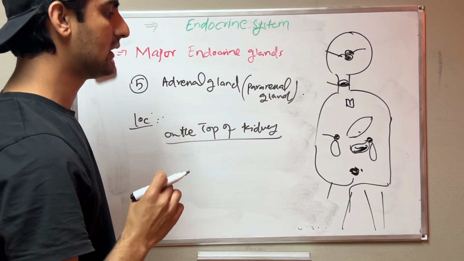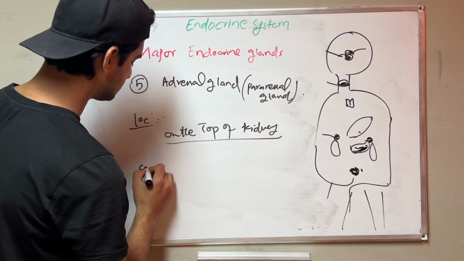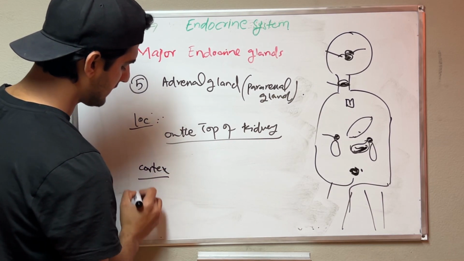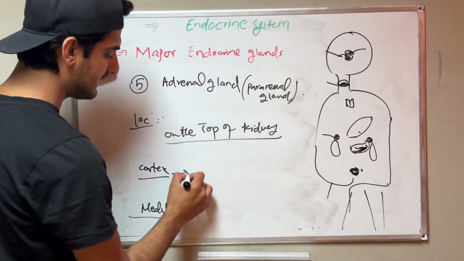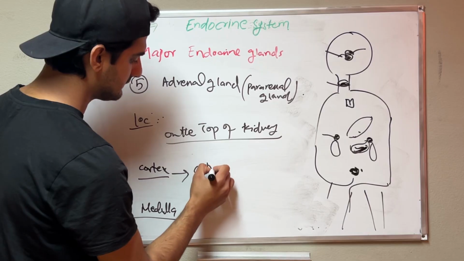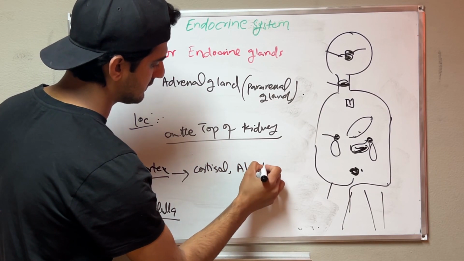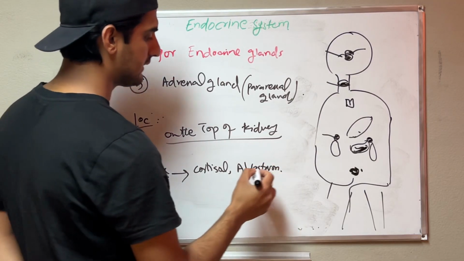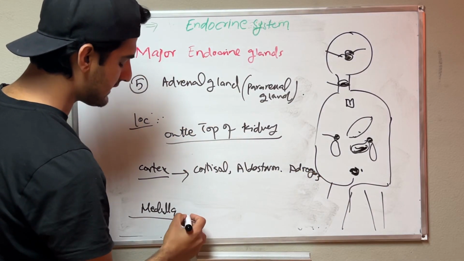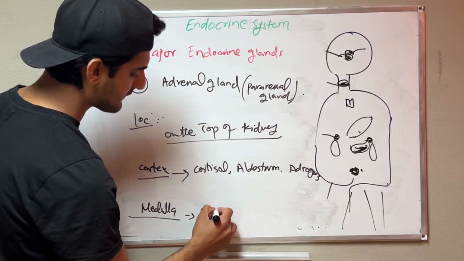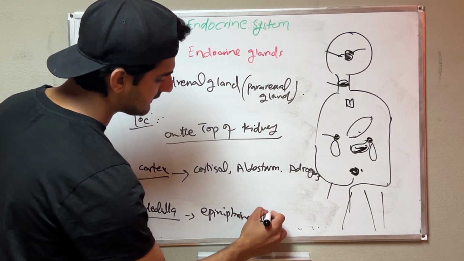The adrenal gland has two parts, cortex and medulla. The cortex releases the hormones cortisol, aldosterone and androgens, and the medulla releases epinephrine and norepinephrine.